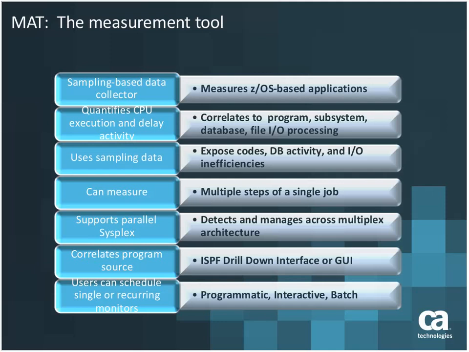And this is not a trivial issue either. You can set up MAT to go across the sysplex, so you can look all the way across all your LPARs and see how your performance is. Again, that ISPF drill down interface and GUI allow you the power to really look at an application and not just high-level system information.